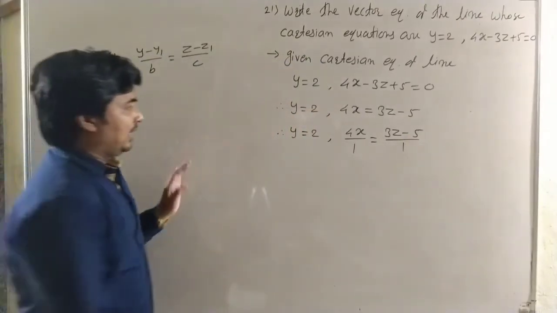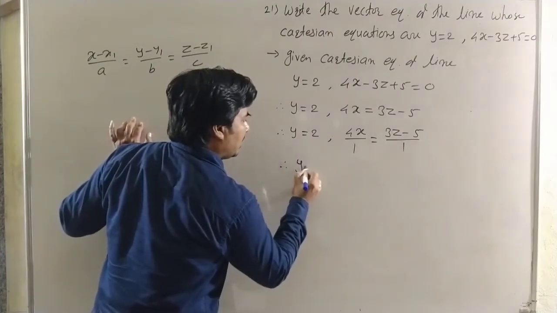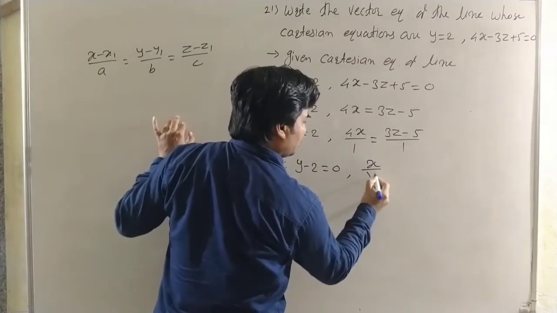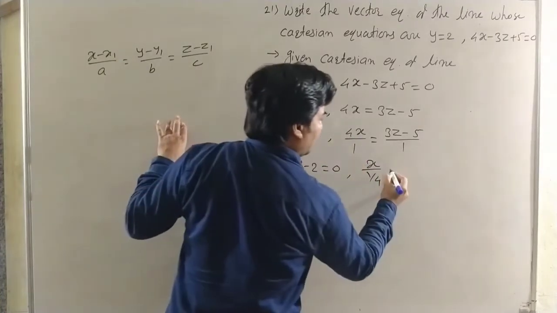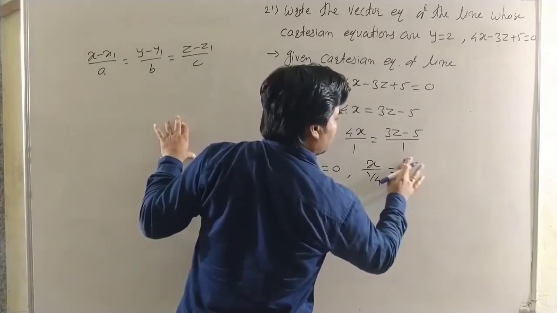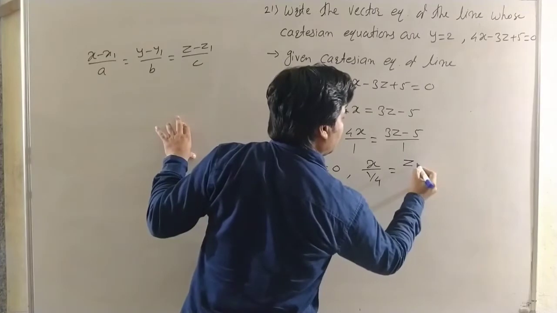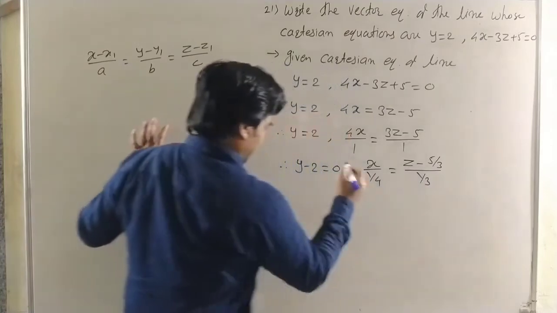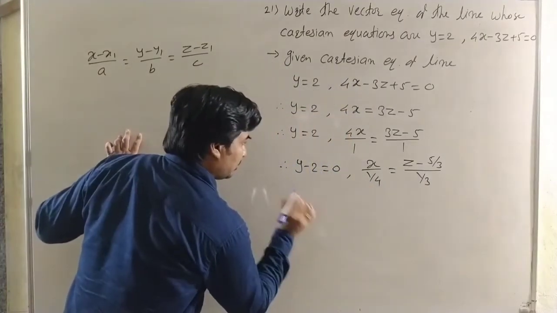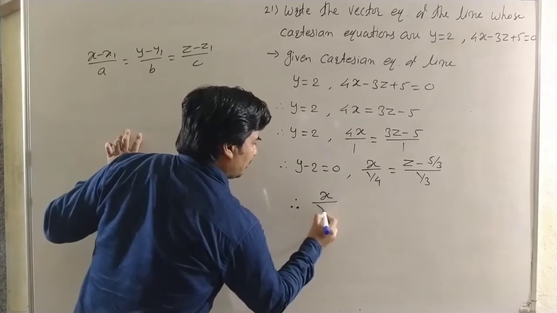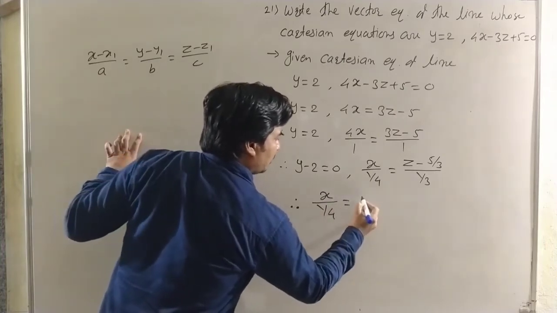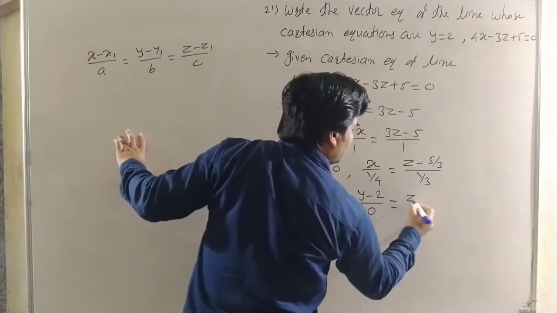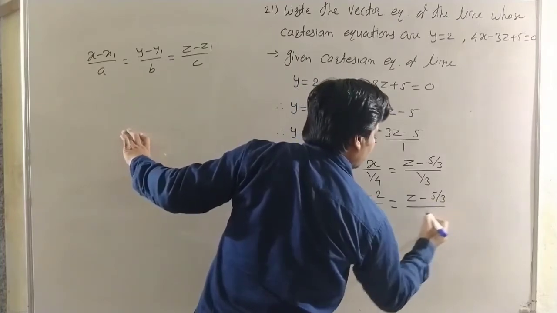Okay, and then this can be written as y minus 2 is equal to 0 and here x upon 1 by 4, coefficient of x is 1, is equal to here 3z, therefore divided by 3, then here z minus 5 by 3 upon 1 by 3. Okay, and therefore this equation can be written as, see carefully, x upon 1 by 4 is equal to y minus 2 upon 0 is equal to z minus 5 by 3 upon 1 by 3.